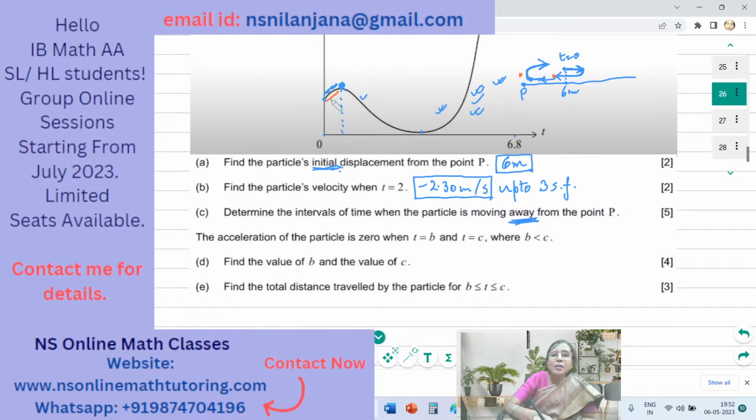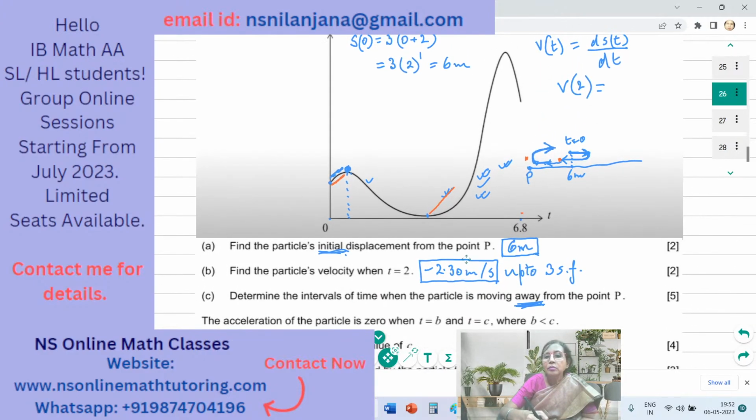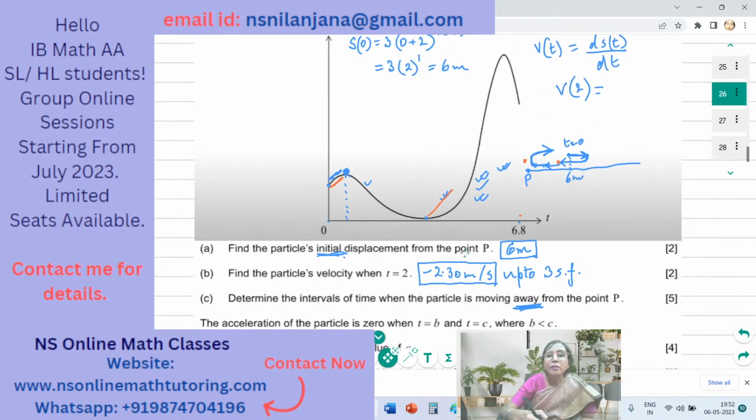Between these 2 points, the displacement is increasing, and from this point up to, oh no, not up to 6.8, sorry, up to this point. We have to get the time for this point as well. So from this point to this point, the displacement is increasing.